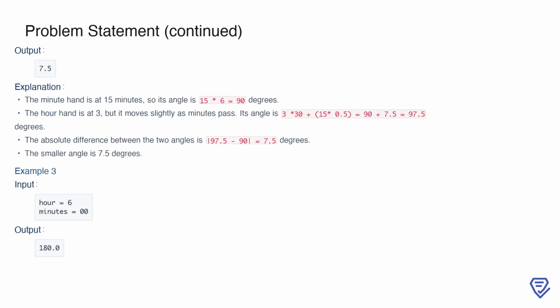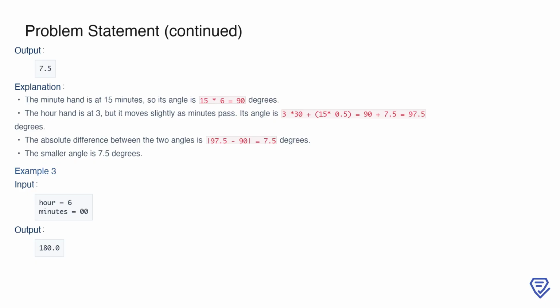Now, consider the second example where the input is hour equals 3 and minutes equals 15. Here, the minute hand is at 15 minutes, so its angle is 15 multiplied by 6, which equals 90 degrees. For the hour hand, it starts at 3, meaning its base angle is 3 multiplied by 30, which is 90 degrees, but it also moves slightly as 15 minutes pass.